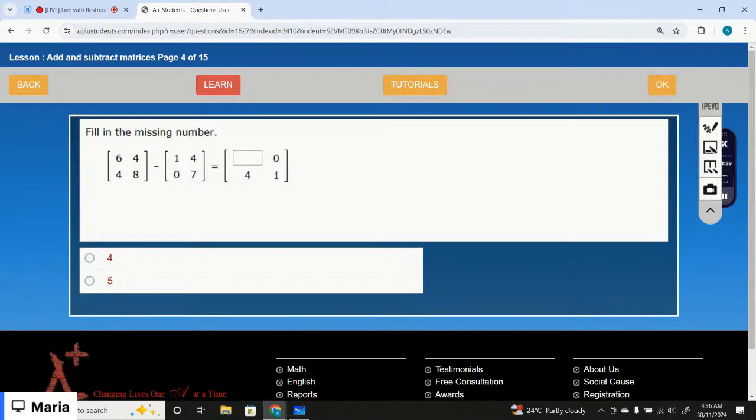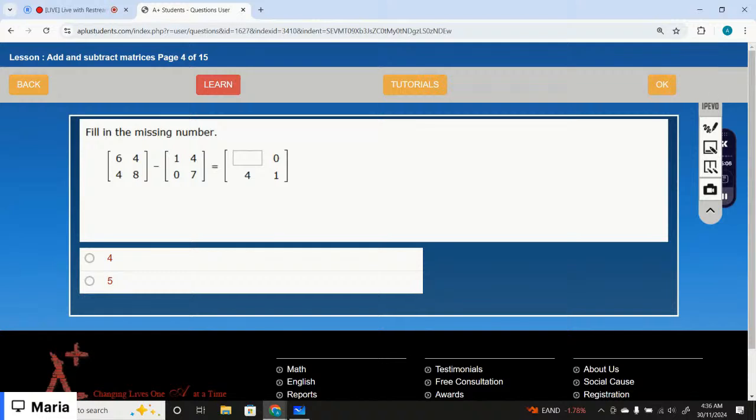Fill in the missing number. So which is the correct option? Very good. 5 it is.